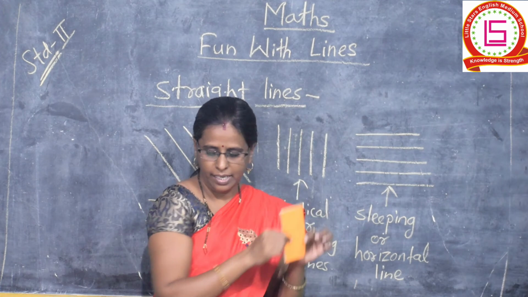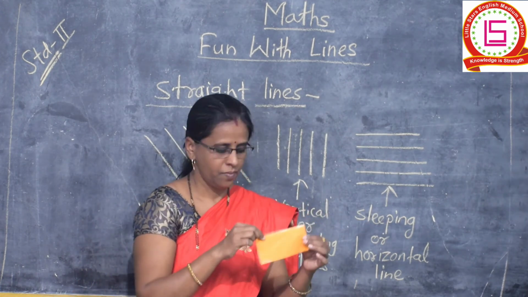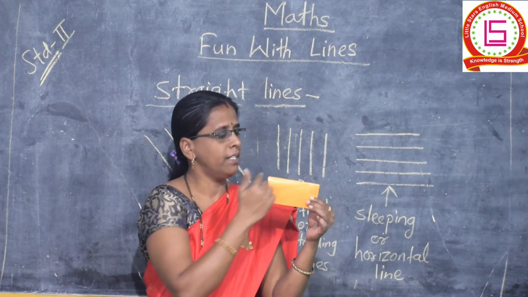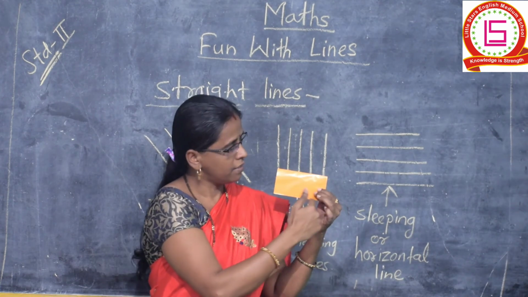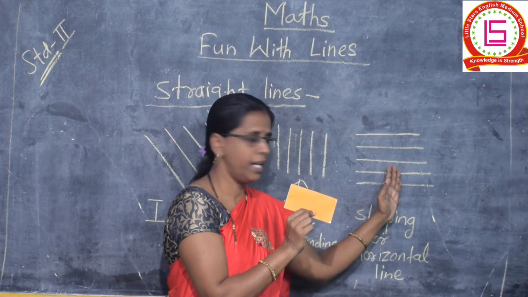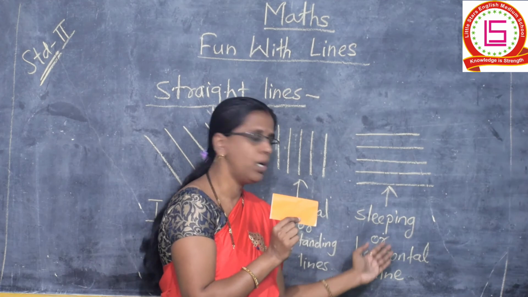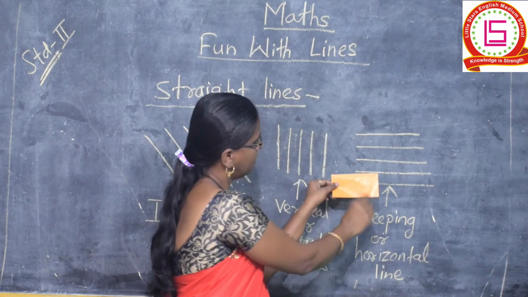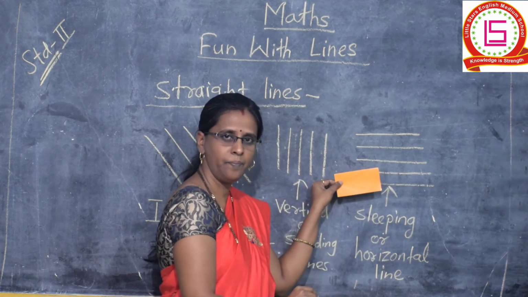Then see next, if we take this paper like this, then these two lines are formed here, and these two lines, as like as these lines. Then these lines are called sleeping or horizontal lines.